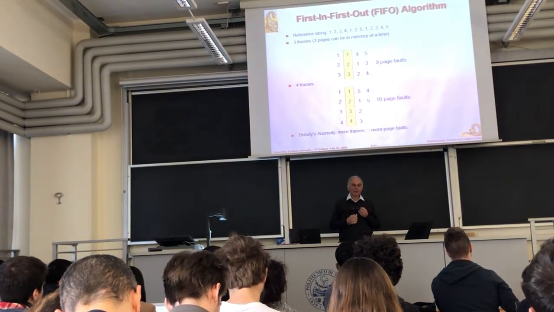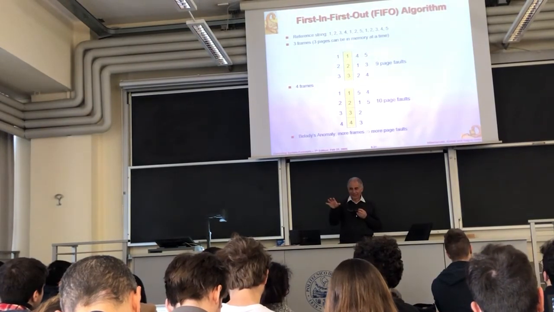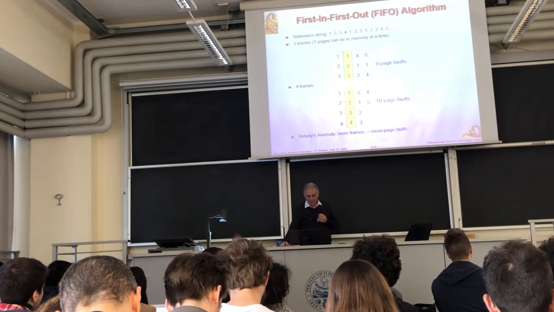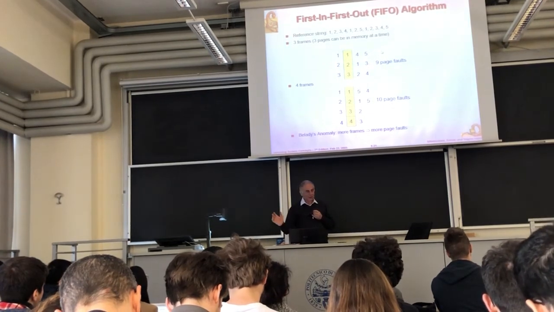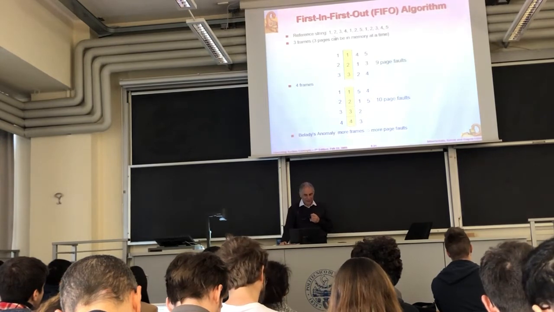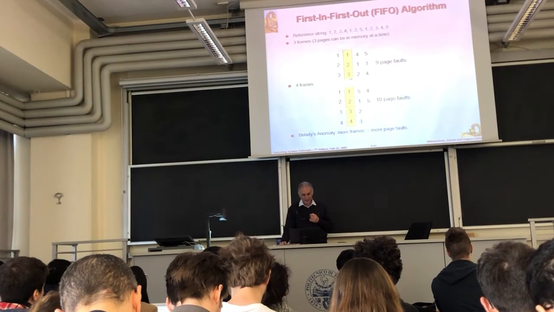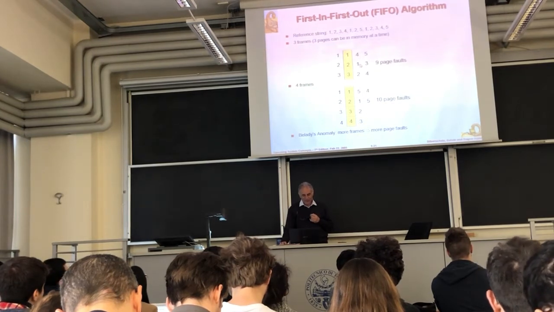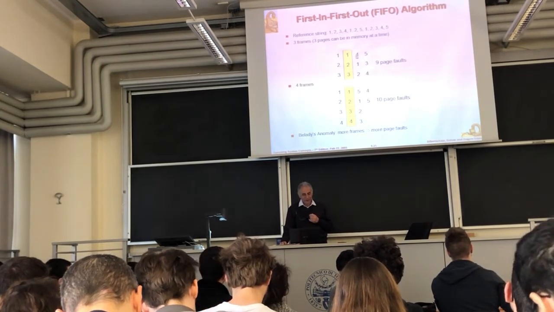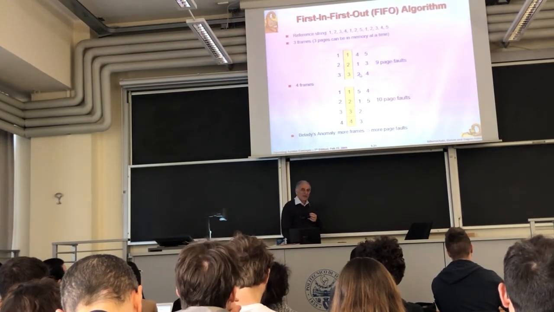The number of page faults increases rather than staying the same or decreasing. So in this case, for pages 1, 2, and 3 there will be 3 page faults, then 4 gives another page fault, and the victim will be 1, but you refer to 1, and so on.